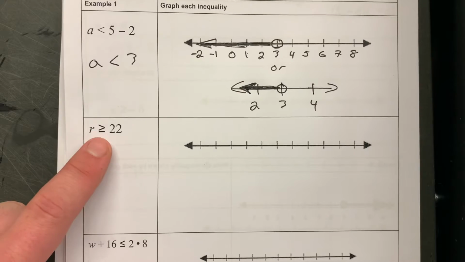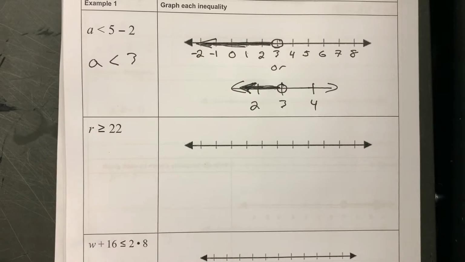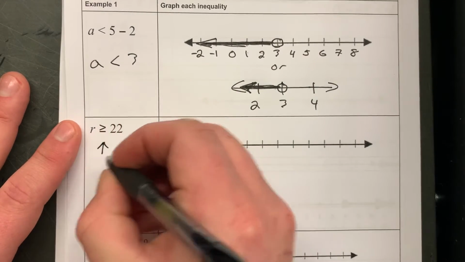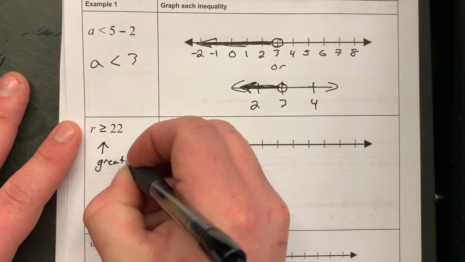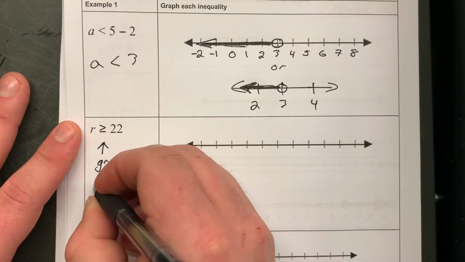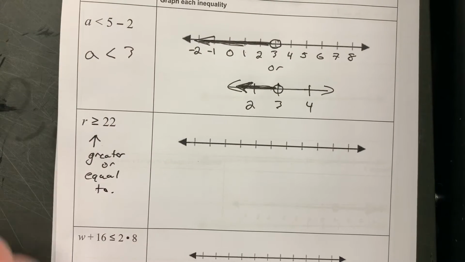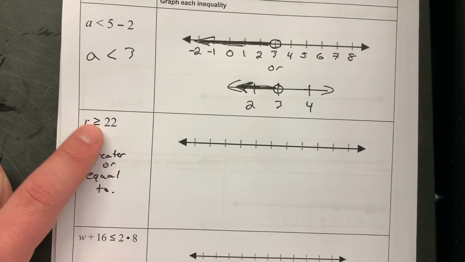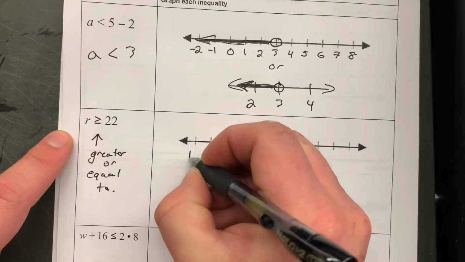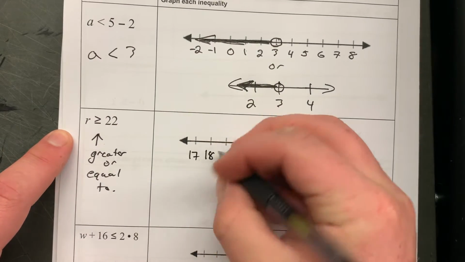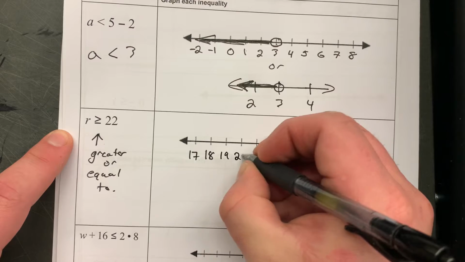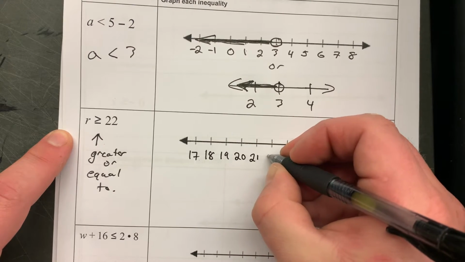If we look at this sign here, this sign means that it is greater than or equal to. When we have a line underneath our value like that, instead of putting an open circle down, we are going to need to include a closed circle.